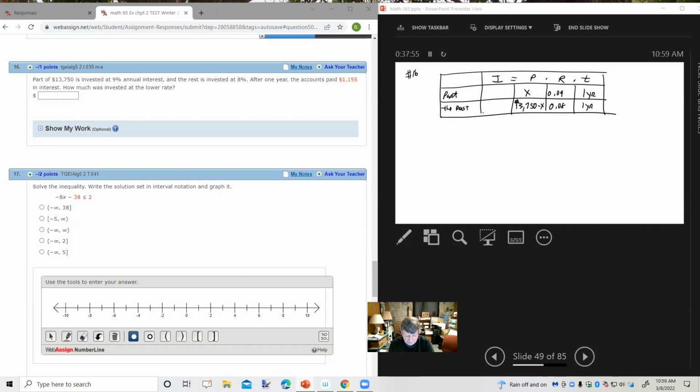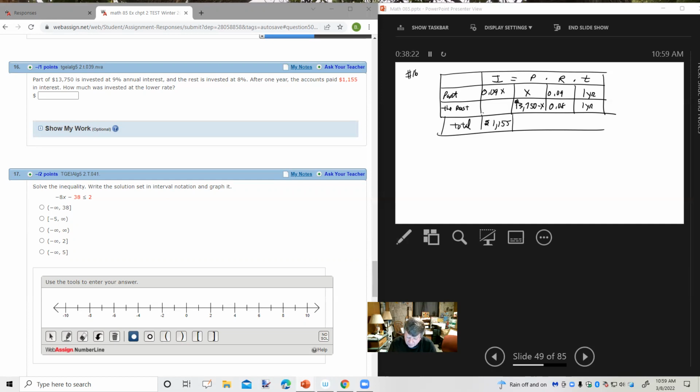After 1 year, the account's paid $1,155 in interest. So this is going to be $1,155. The interest for the part would be x times 0.09 times 1, which is 0.09x.